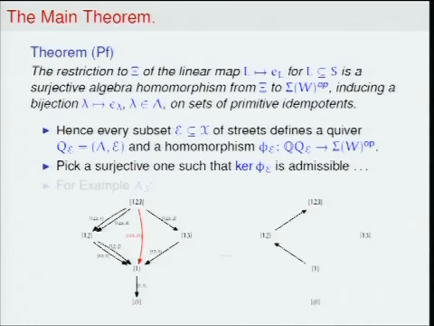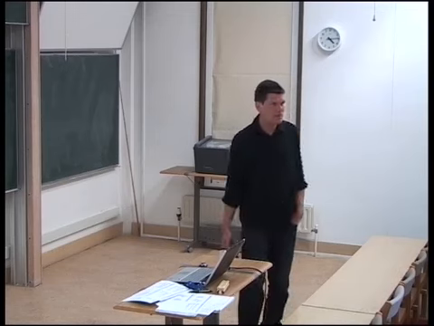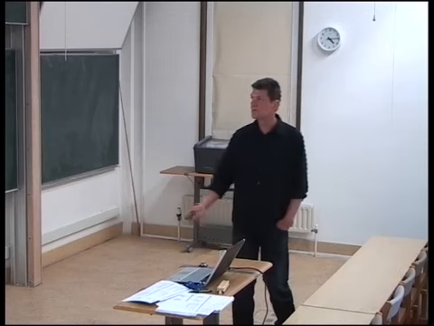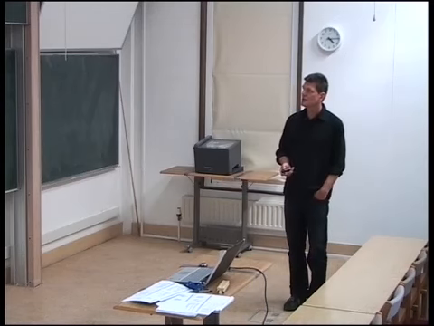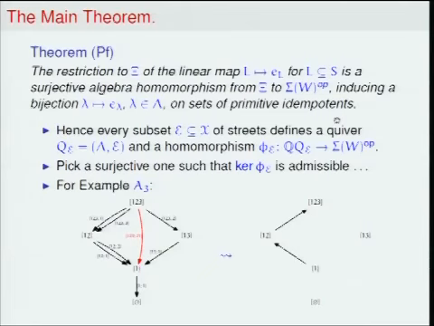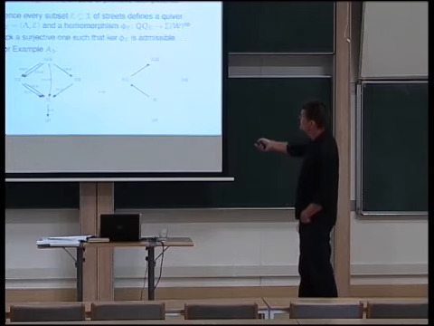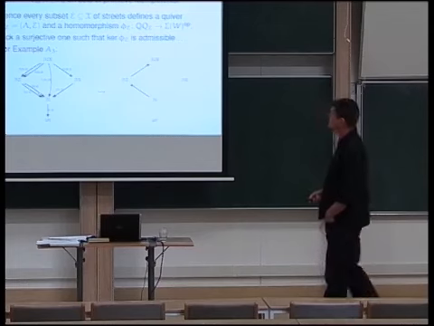This process can be automated, can be done systematically, and I've implemented this as a program which, for example, in type A, basically comes down to throwing away sufficiently many edges of this quiver so that the kernel becomes admissible, and turning around the arrows because there's some opposite involved.